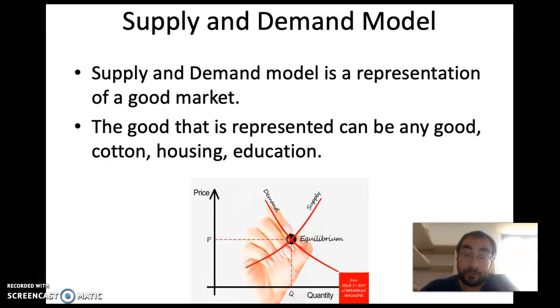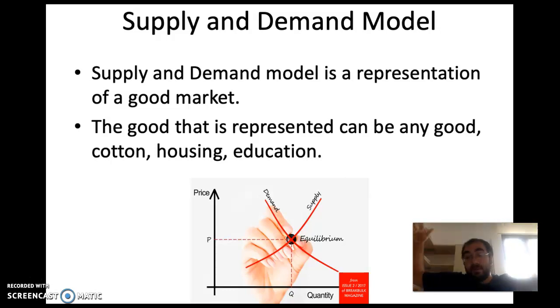So, that side we are not going into, although if you're interested, I can provide you some resources on bads. We are basically dealing with goods, things that are good for people. At least some people want to have them. They can be anything that is good, like cotton, which is tangible.